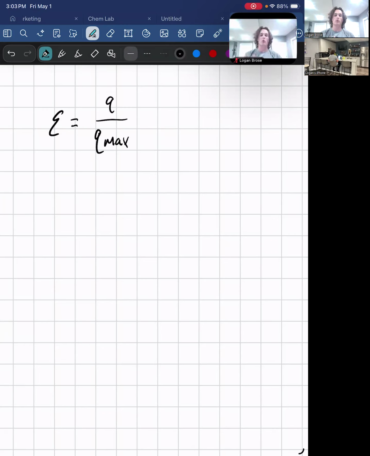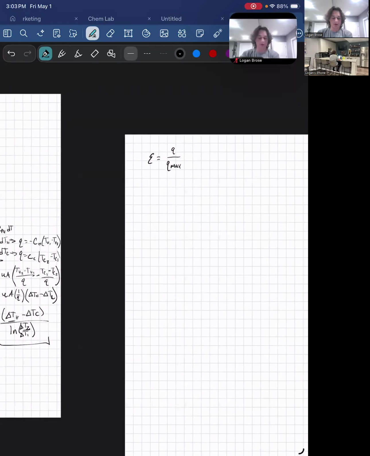So if you have a cold stream that's going slow and a fast hot stream, that's going to have a greater heat transfer because your hot stream is mixing with a colder stream more constantly, and so it'll have a higher heat transfer.